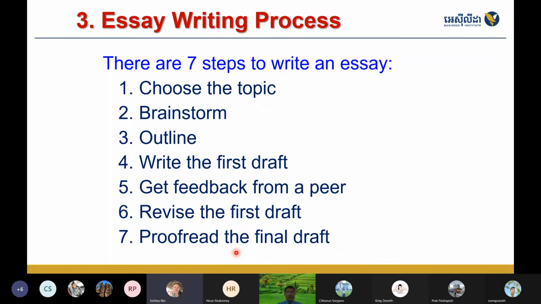The steps to write an essay. 1. Choose the topic. 2. Brainstorm. 3. Outline. 4. Write the first draft. 5. Get feedback from a peer. 6.